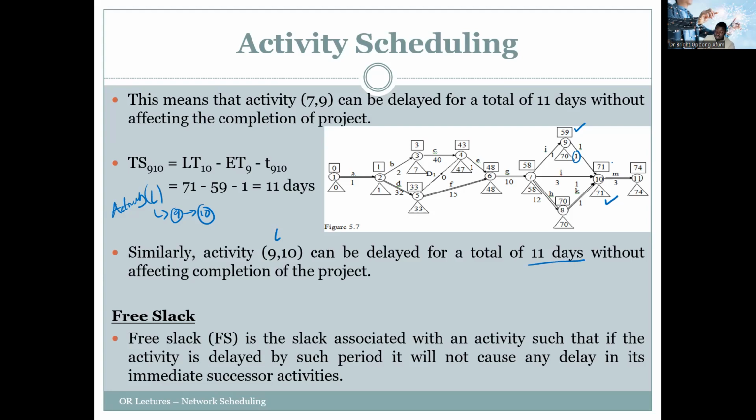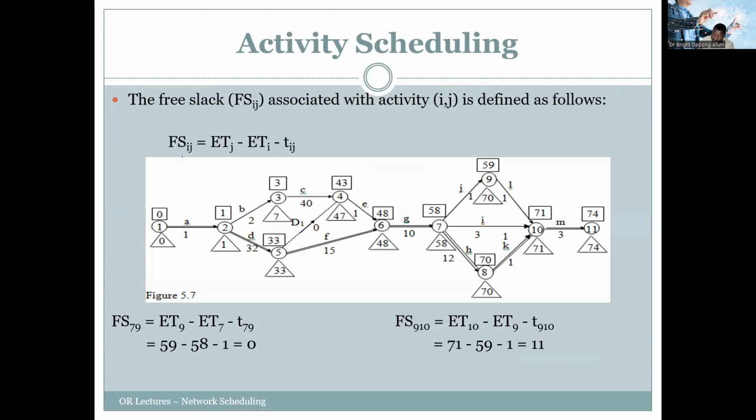So this is the total slack. The free slack is the slack associated with an activity such that if the activity is delayed by that period, it will not cause any delay in its immediate successor activity. So the free slack looks at the impact on the next activity. It is given by the earliest time of the succeeding activity minus the earliest time of the previous node minus the activity.